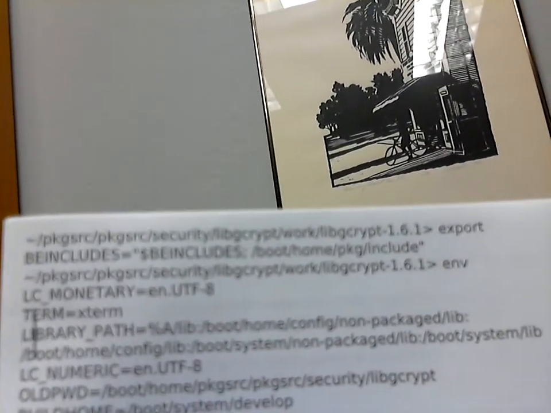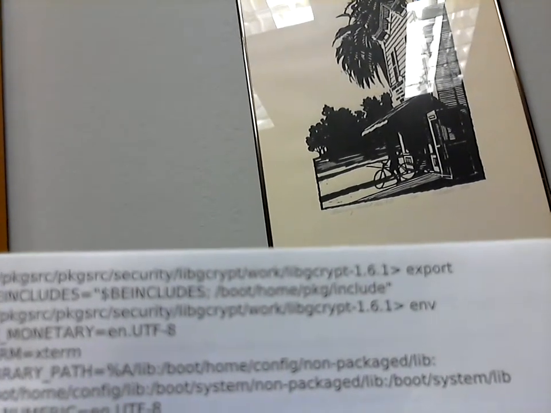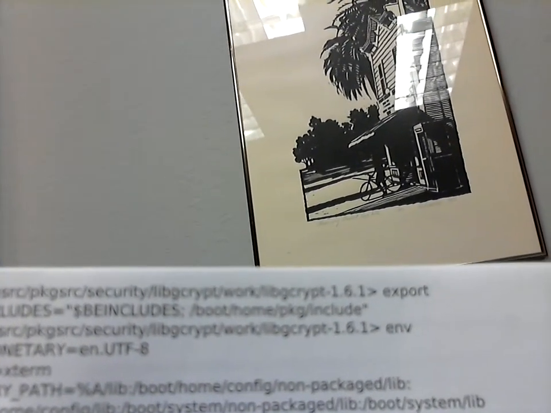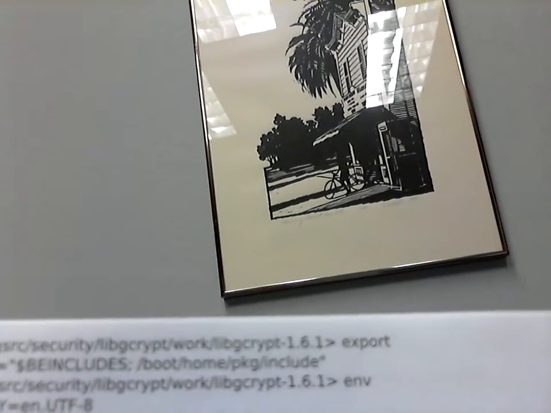But the bincludes command is you just type export space and in caps BINCLUDES equals and in quotes $$BINCLUDES colon and then where you want your stuff to be included in the system. And I was hoping that when I did regular compiles now, it's going to find a lot of the headers that are now in my own Pkgsrc headers directory, which is rather well populated at this point.